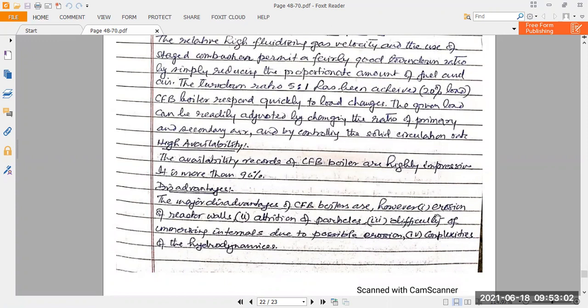So what we have so far: erosion of reactor walls, corrosion, and the addition of particles. All the particles are present in the fuel itself. Some of them have a very toxic effect.